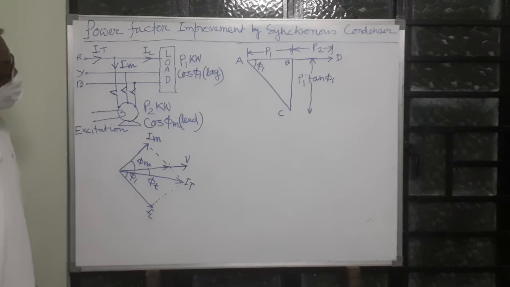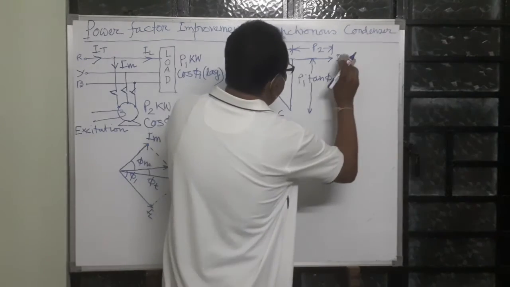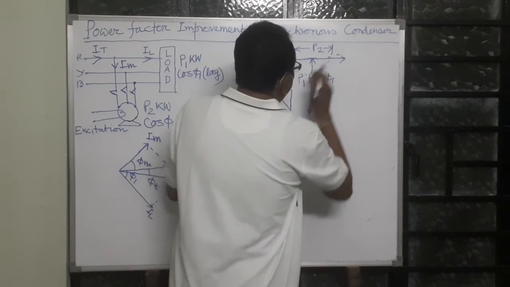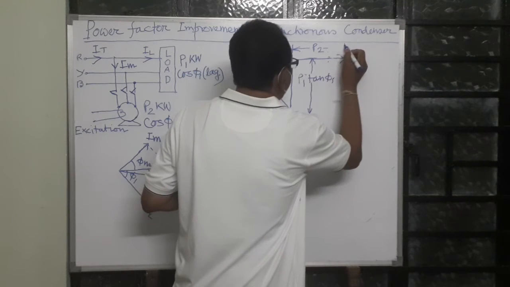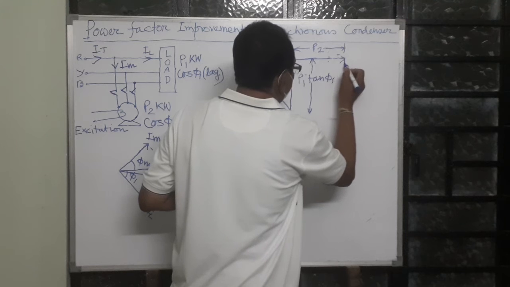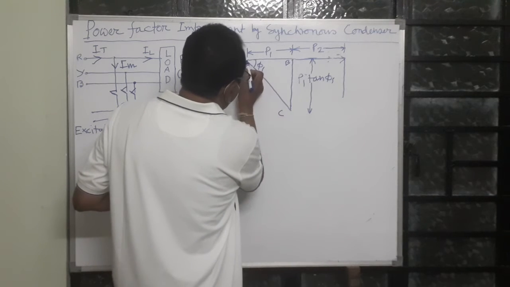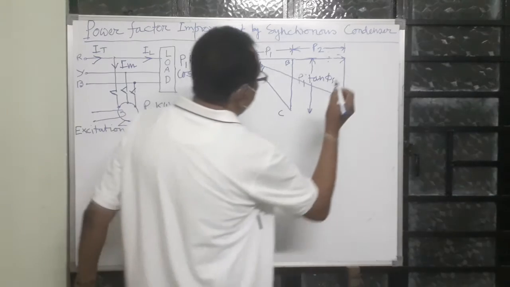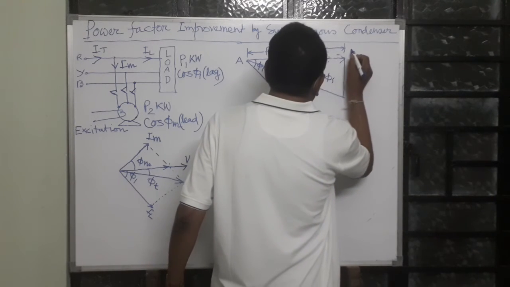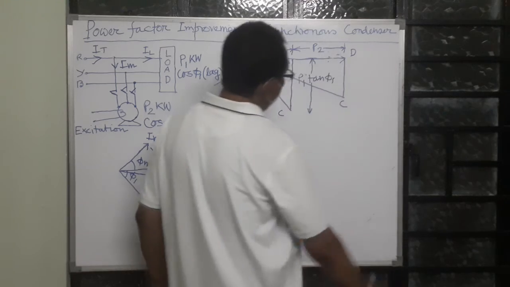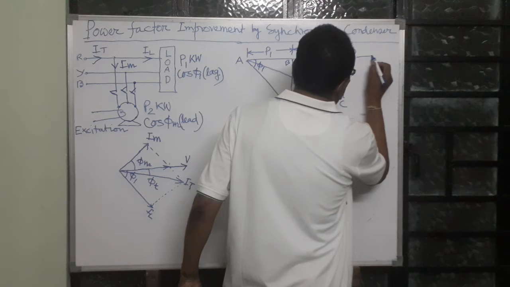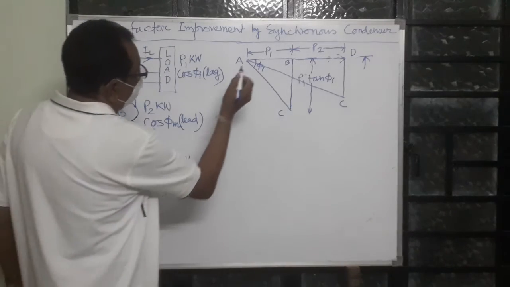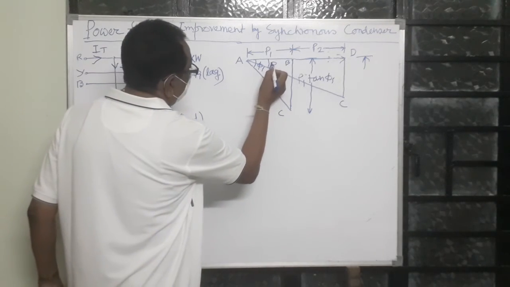Now the resultant power factor angle is phi t, so DC is equal to... this angle is phi t.